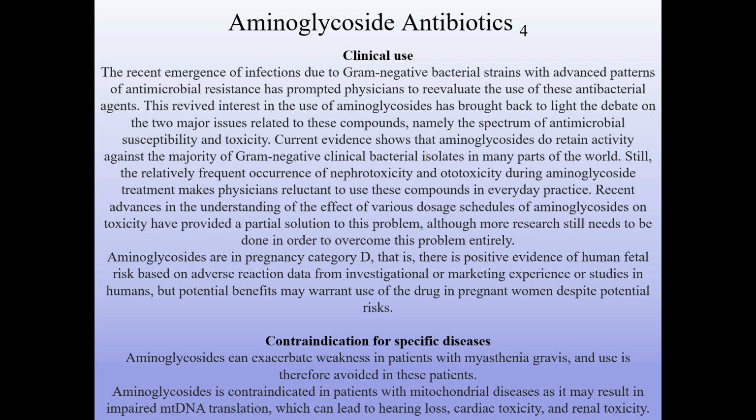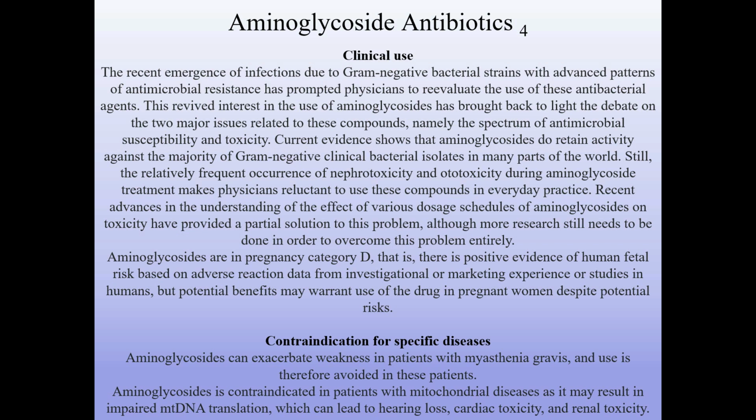this problem entirely. Aminoglycosides are in pregnancy category D, that is, there is a positive evidence of human fetal risk based on adverse reactions data from investigational or marketing experience or studies in humans, but potential benefits may warrant use of the drug in pregnant women despite potential risks.